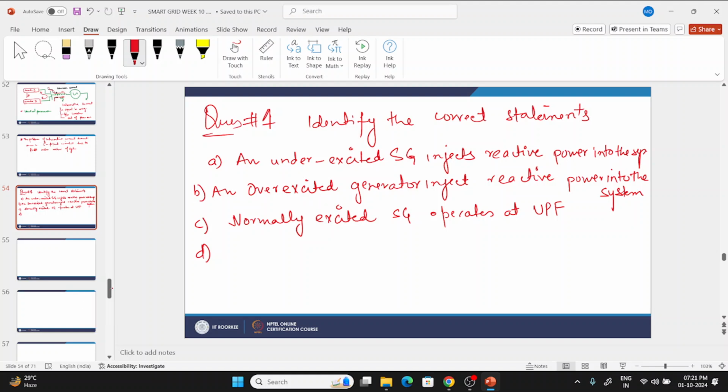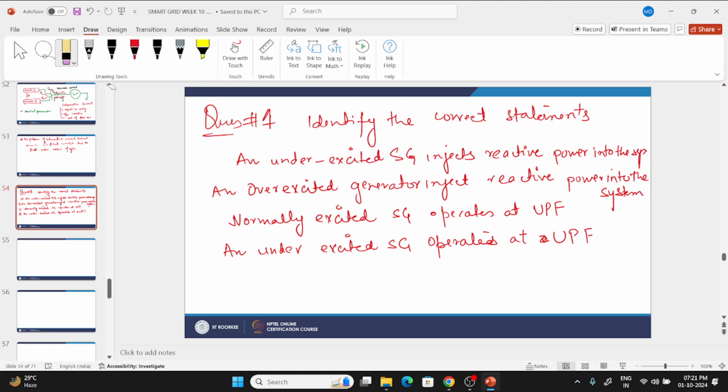Then D. An underexcited synchronous generator operates at unity power factor. So options, just a second.